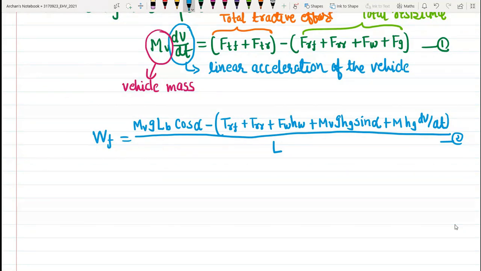Similarly, we have to find out the normal load acting on the rear axle, right?